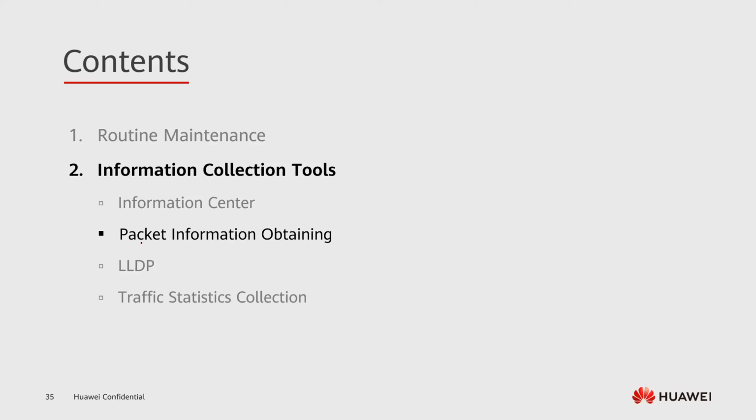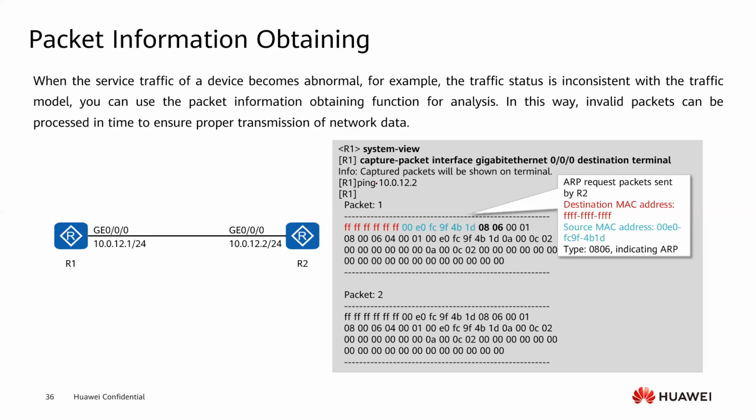Okay, this is the debugging command. For Huawei devices, we also provide packet information obtaining. We just use one command. When the service traffic of a device becomes abnormal, for example, the traffic status is inconsistent with the traffic model, you can use the packet information obtaining function for analysis.